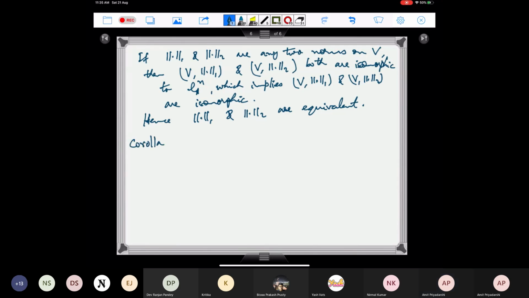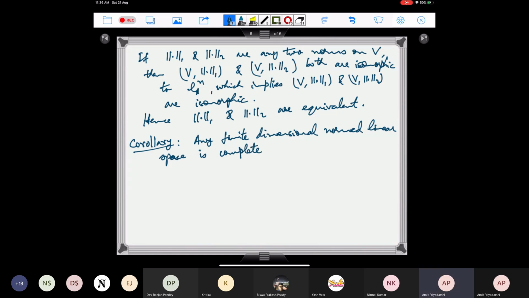As a corollary, we'll get that any finite dimensional normed linear space is complete, which means that any finite dimensional normed linear space is a Banach space.